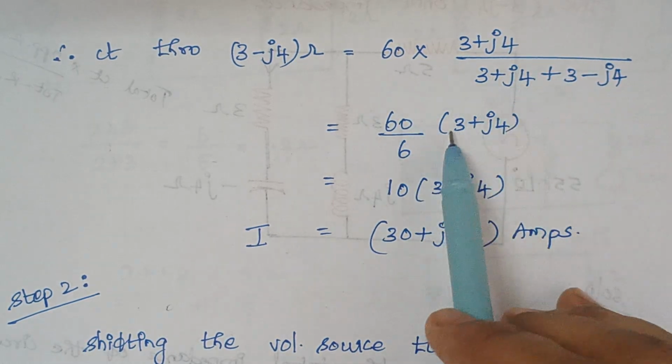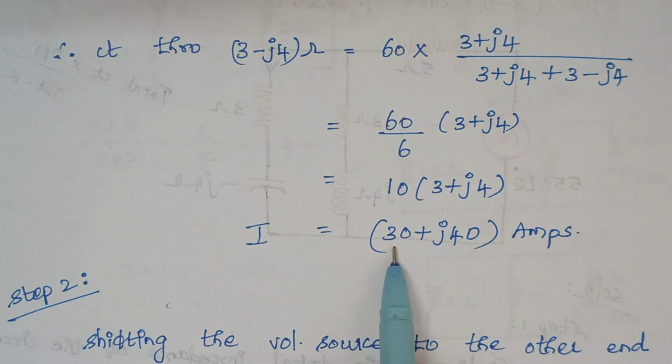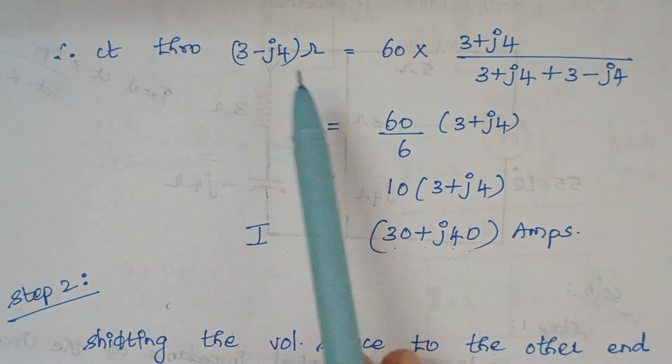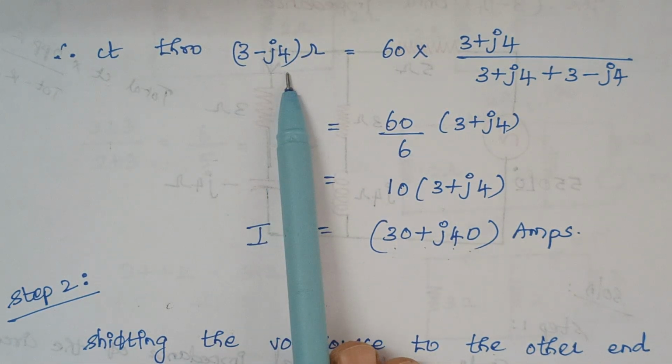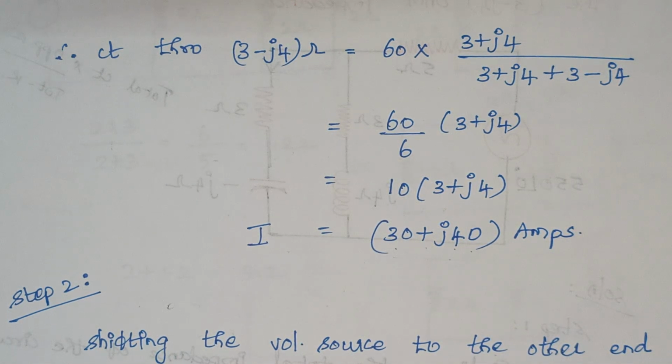Once you solve, finally the value of current is calculated as 30 plus J40 amps. So this is the current that flows through this part of impedance. Right. Now, the first part of the problem gets over here. We are proceeding with the second step.